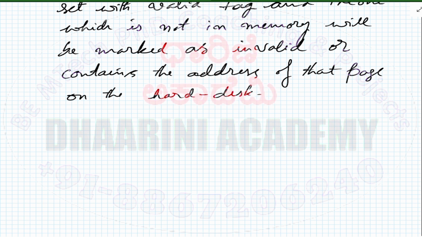We will be looking at this concept by using a diagram. Some pages are not in memory, some pages are present in memory, so we have to distinguish that with the help of a diagram. Next we'll look at the diagram. So this is the example.